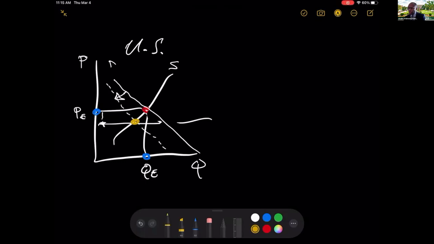Now notice the difference between the red and the yellow dot. Let's keep it consistent, make that blue as well. This is the new equilibrium point, and let's call that PE prime.